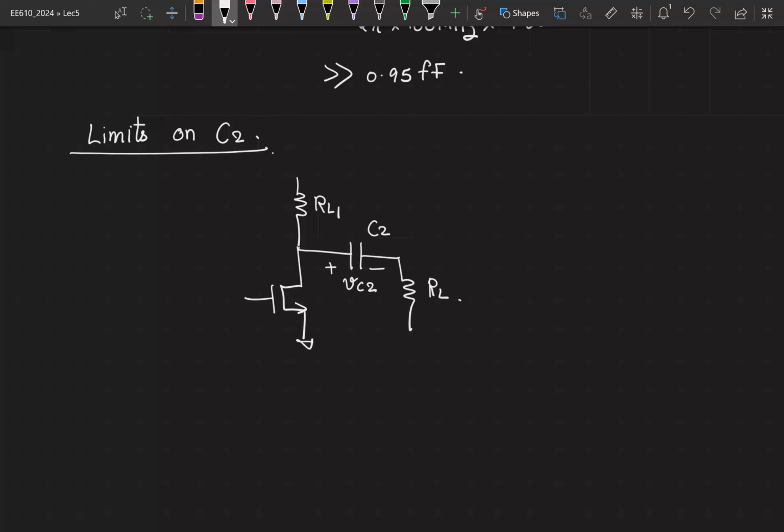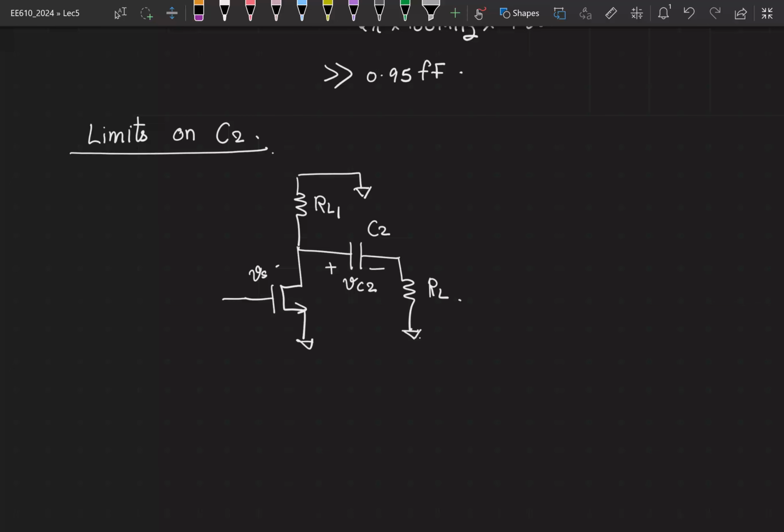The C2 should be completely shorted at omega n. So you'll have RL1 connected to ground, RL here, and some voltage source VJ0 plus Vs. Okay? And again, if you are interested in the incremental circuit, there is no VJ0, it's only Vs.